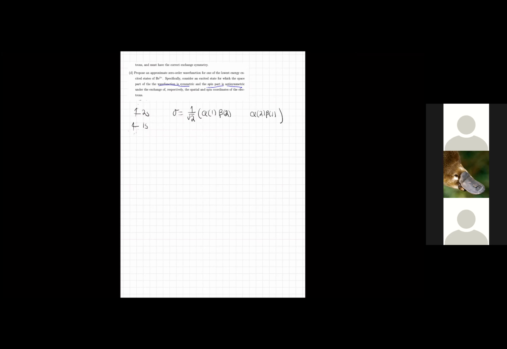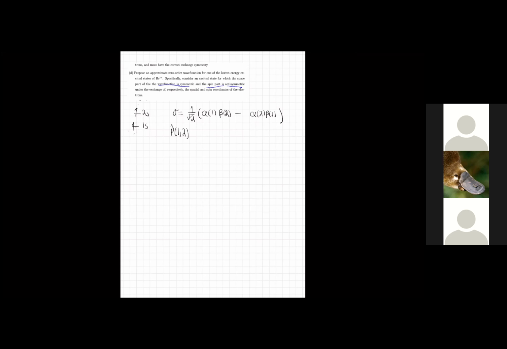Okay, so the middle part is what we need to do. We want this to be anti-symmetric. So what do you think we're going to add in the middle to make it anti-symmetric? Minus sign. It has to be negative. Yeah, minus. We do minus because when we apply the operator, this changes it to negative.